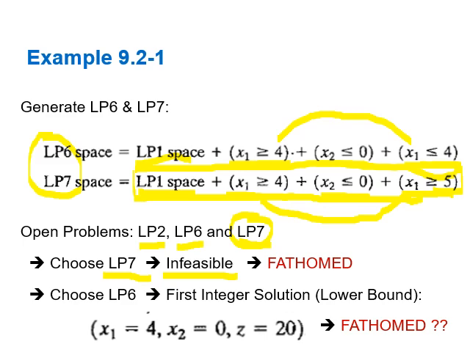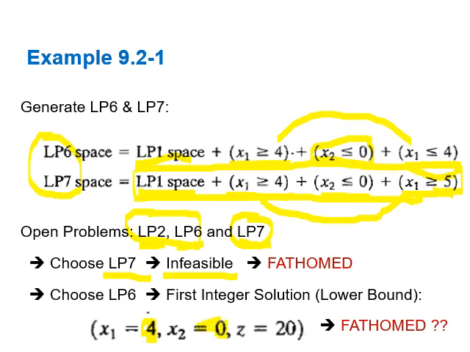Whenever a branch is infeasible, we fathom it. So LP7 is fathomed. Now from LP2 and LP6, we select LP6. Consider this LP6. As I said, x1 greater than or equal to 4 and less than or equal to 4, so in the solution x1 will be equal to 4. And we have x2 less than or equal to 0 and x2 greater than or equal to 0, so x2 is equal to 0.